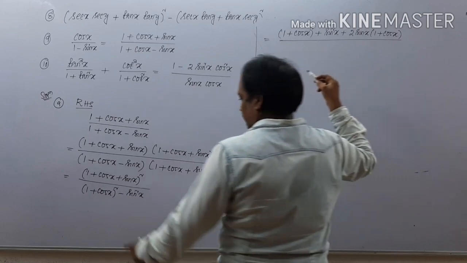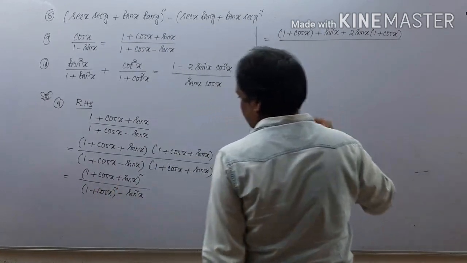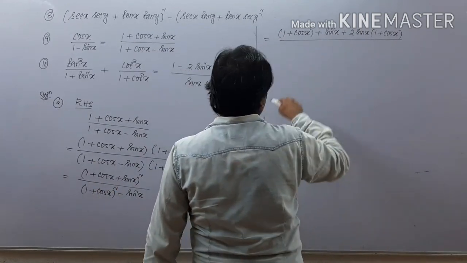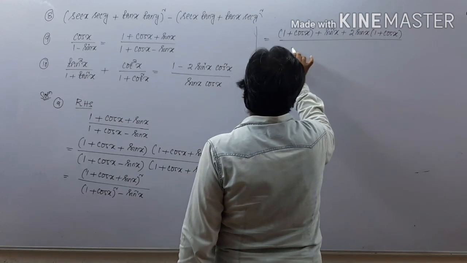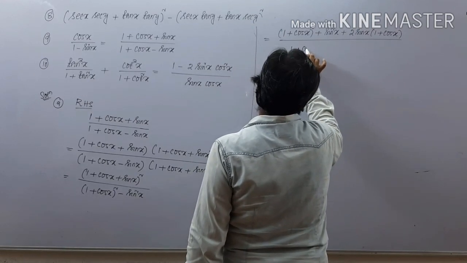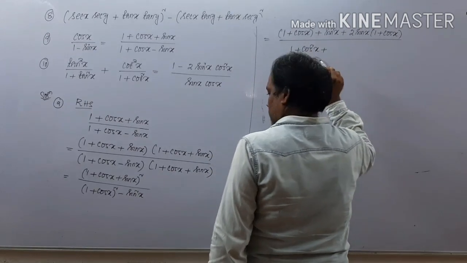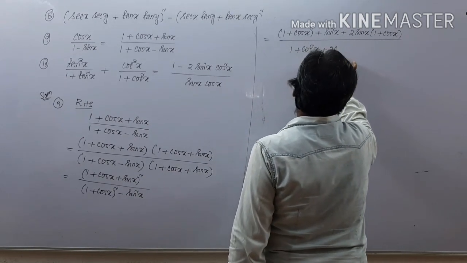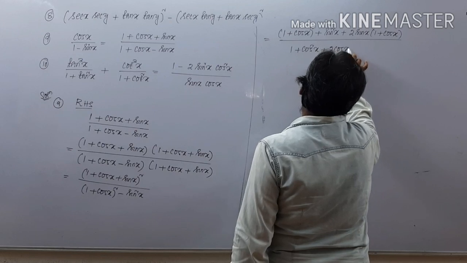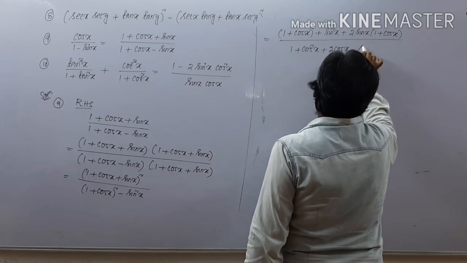Whole divided by, here I will apply a plus b whole square formula, right? So this is 1 plus cos square x plus 2 cos x minus sin square x, right?